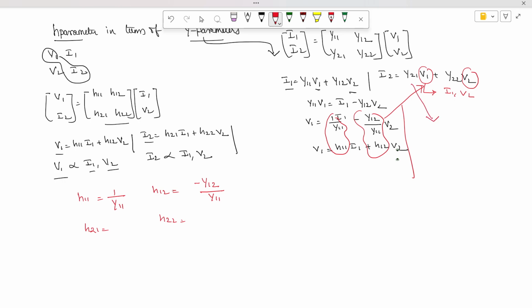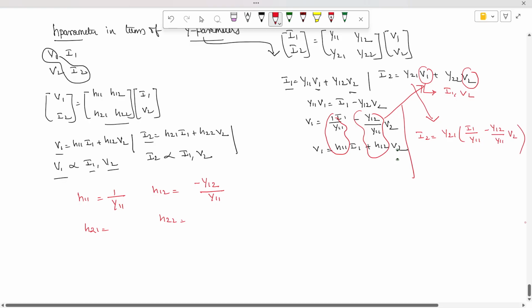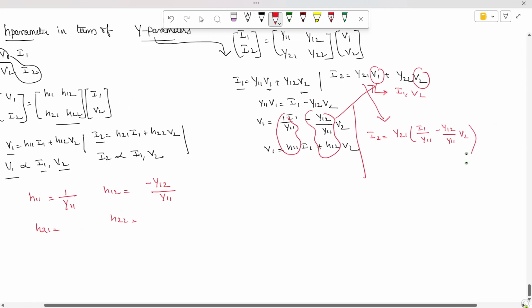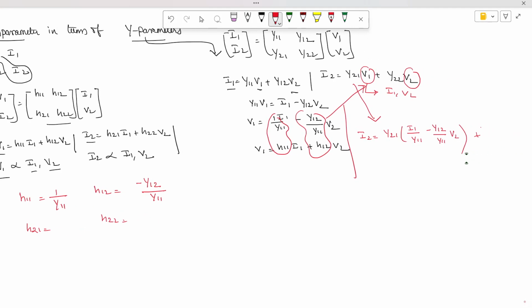Therefore I2 is equal to Y21 V1, where V1 is I1 by Y11 minus Y12 divided by Y11 V2, plus Y22 V2.